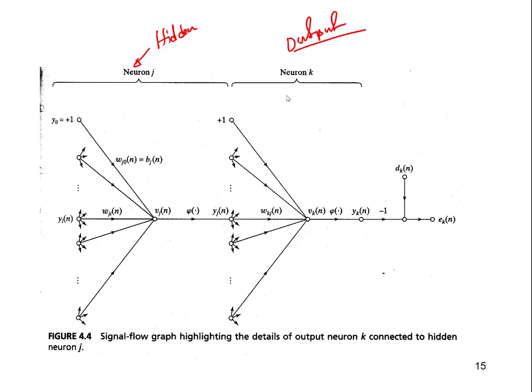As usual, we know the output neuron's delta K is EK multiplied by phi prime of VK, where VK is the incoming function of K. So what will be delta J? That is our question, and that is our next phase of learning.